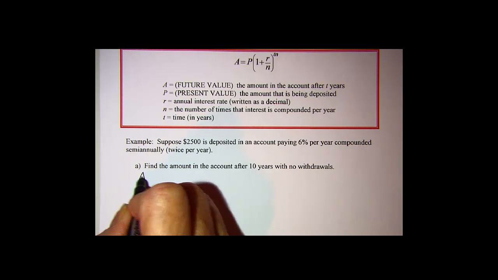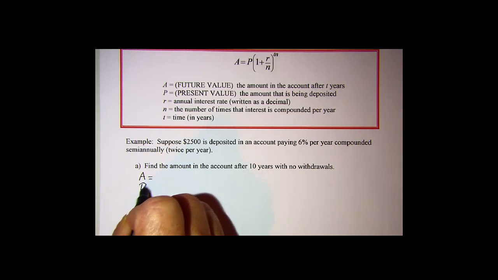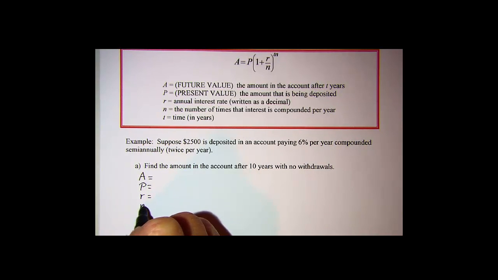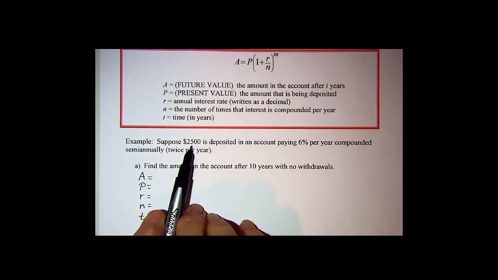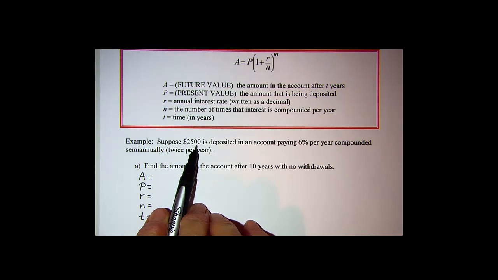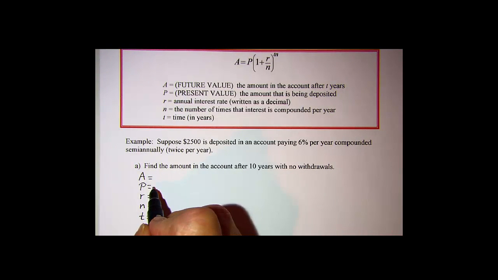So our variables that we're working with, I'm going to list those and then write the numbers that go with each of those. The 2,500 is the amount that I'm depositing, so that is my present value.